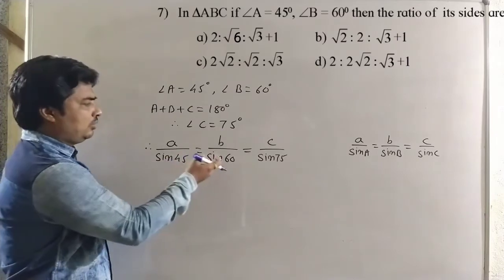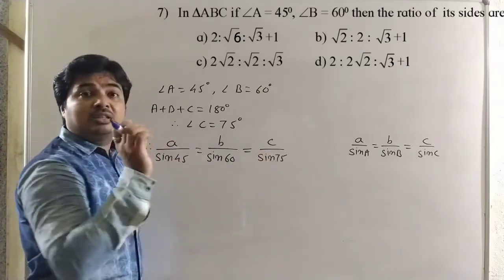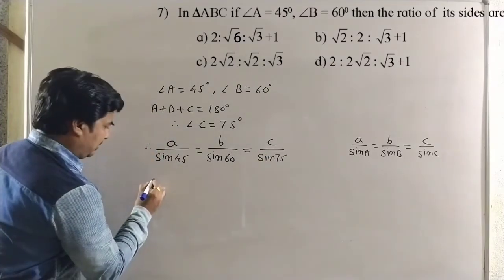Sine 45 is 1 by under root 2 and sine 60 is root 3 by 2. But here we don't know directly the sine 75, so first we find this value, sine 75.